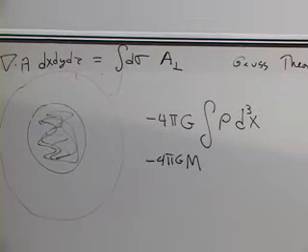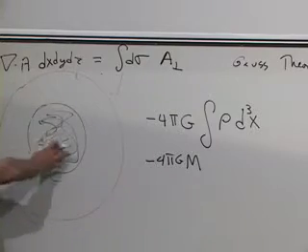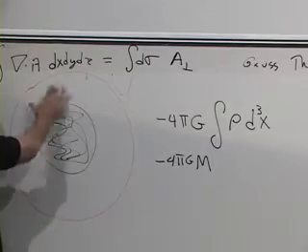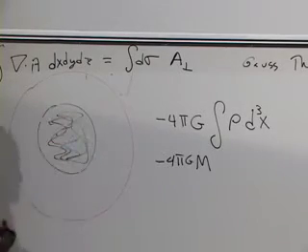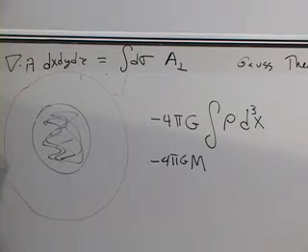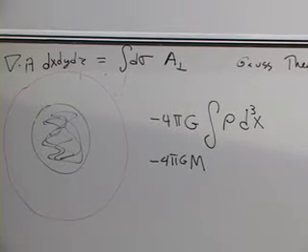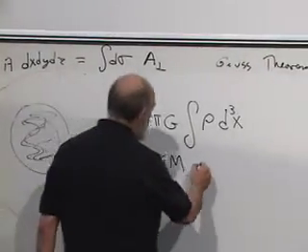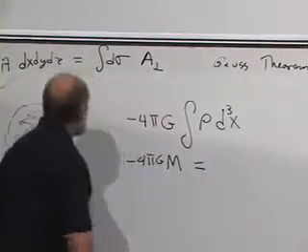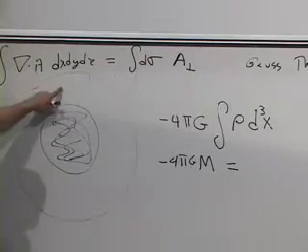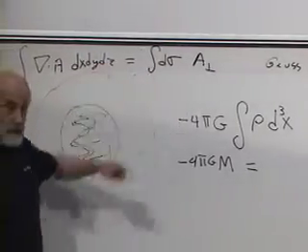If the red sphere is bigger than, let's call this a planet, then it's the entire mass of the planet in there. Minus 4 pi g M is the left-hand side. What about the right-hand side of the equation? The right-hand side says, take the perpendicular component of the acceleration of the gravitational field.